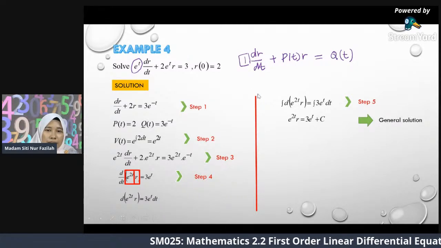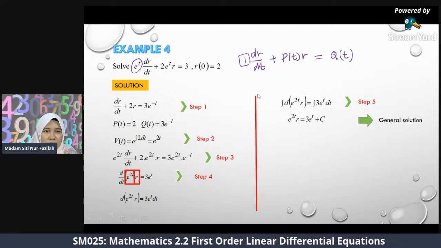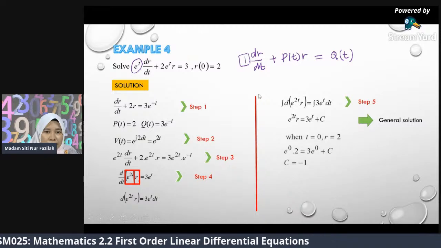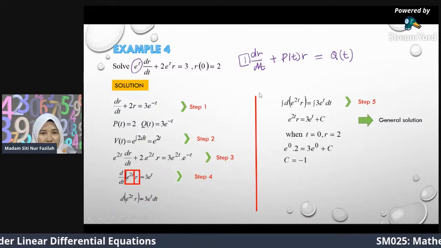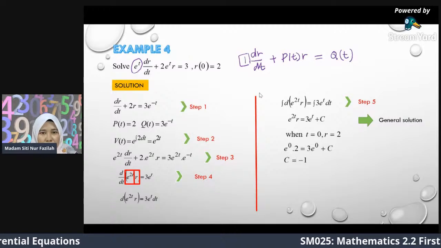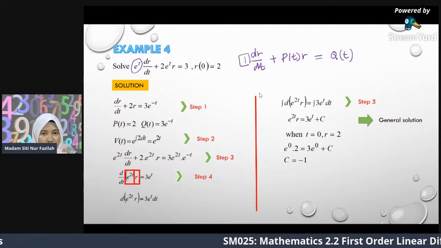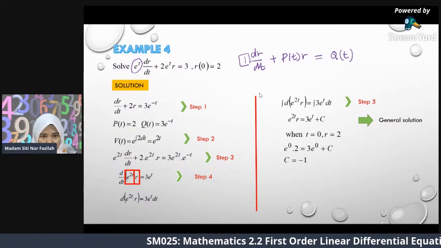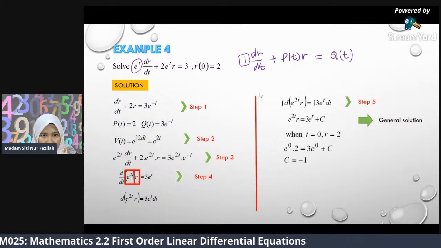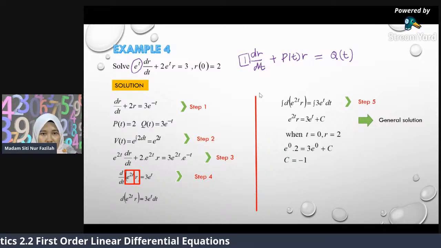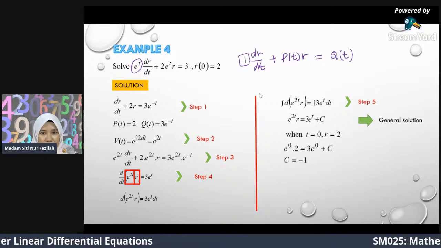We take this as the general solution, and then we substitute the values for r and t. When t = 0, r = 2, we substitute into the general solution. We get the value of c is negative 1.